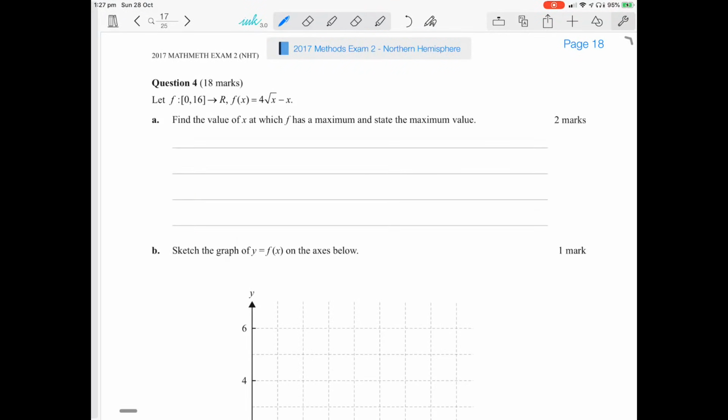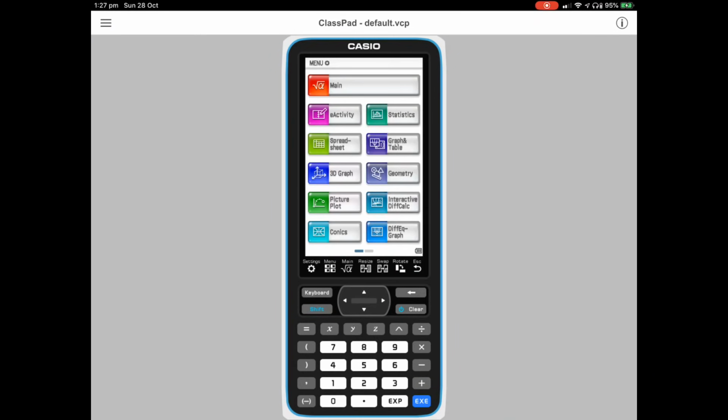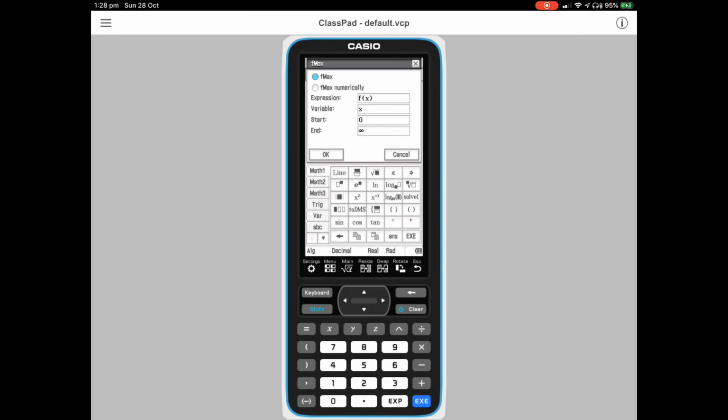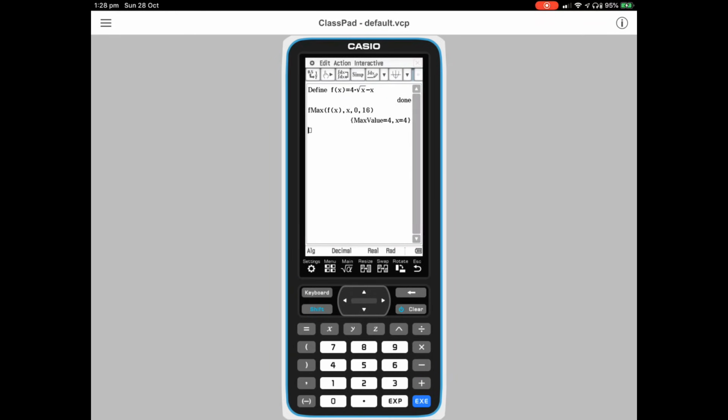State the maximum value. Okay, it wants it exact, so we want to go interactive calculation, fmax between 0 and 16.